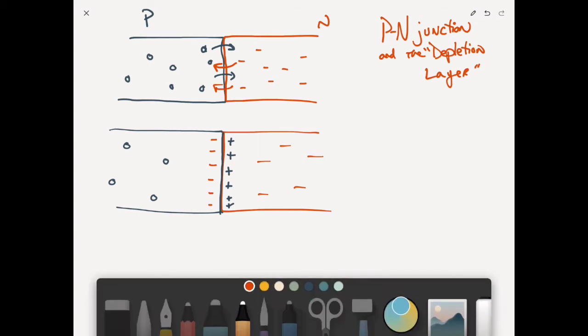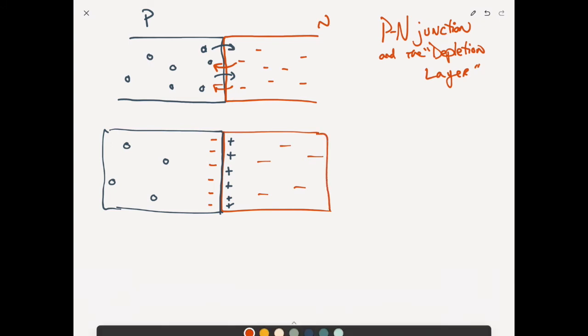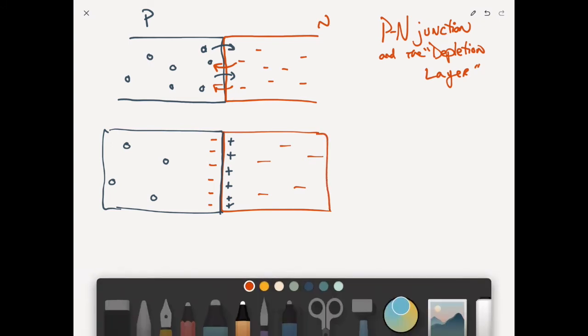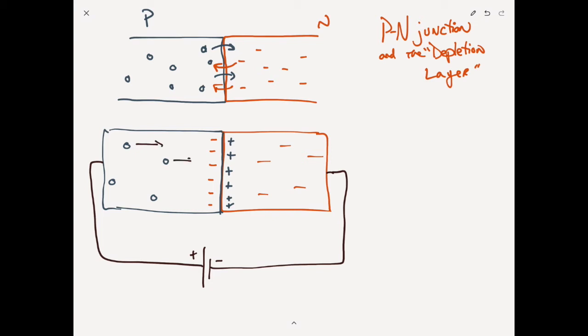So if you connected a battery, let's just pretend that that's something we could do, to the junction, with the positive terminal of the battery on the P-type and the negative terminal on the N-type, you're effectively going to push these holes towards the depletion layer.